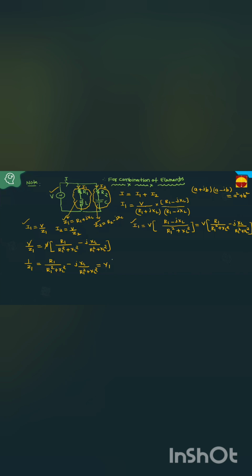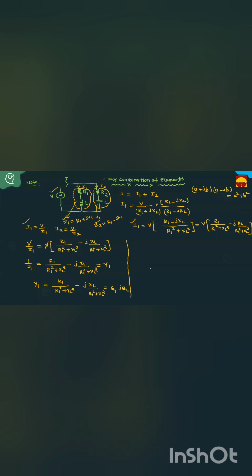Therefore, Y1 equal to R1 by R1 square plus XL square minus JXL by R1 square plus XL square. This is just like Y equal to G minus JB for an RL circuit. Y1 equal to G1 minus JBL.